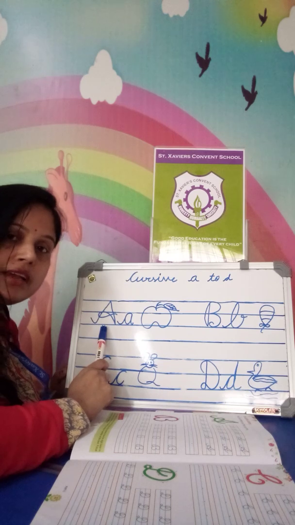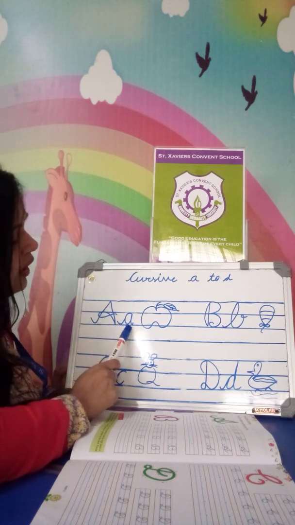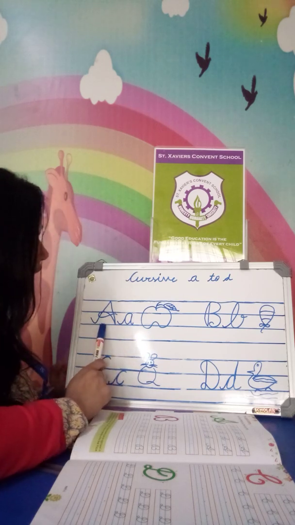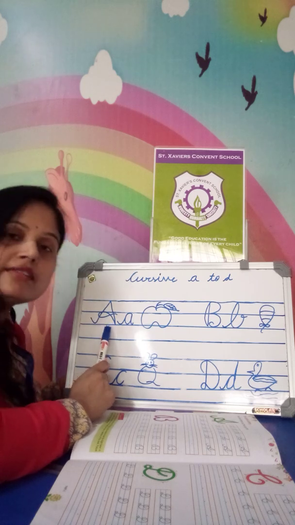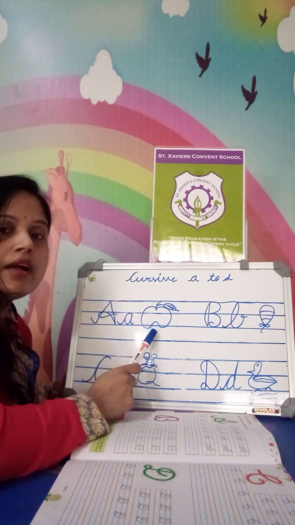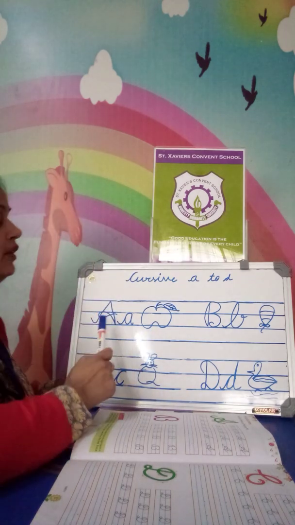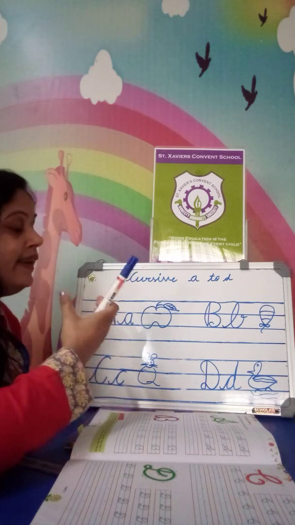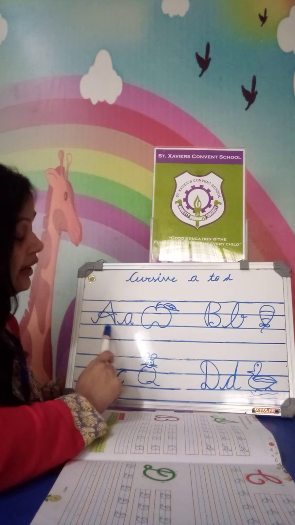Capital A. This is small a. Capital cursive A. This is small cursive a. A for apple. Now, A sounds.